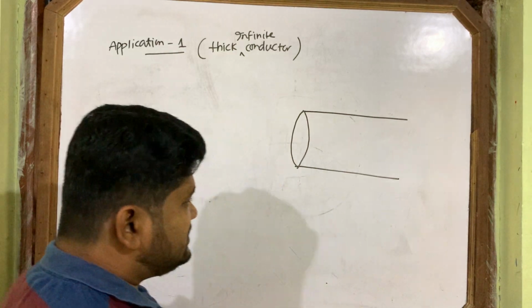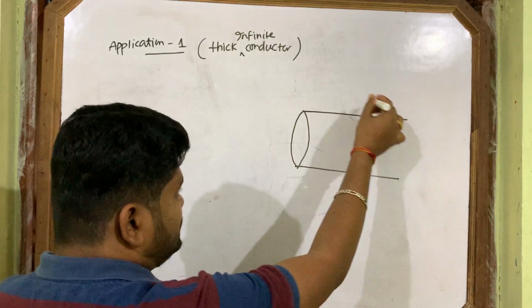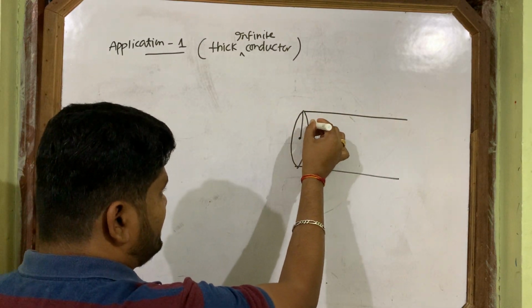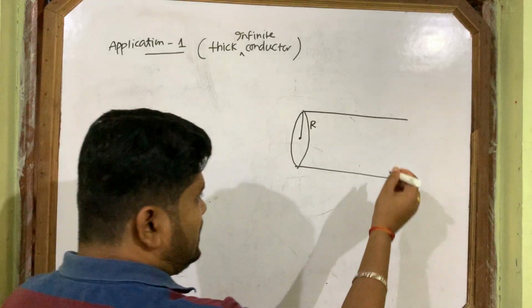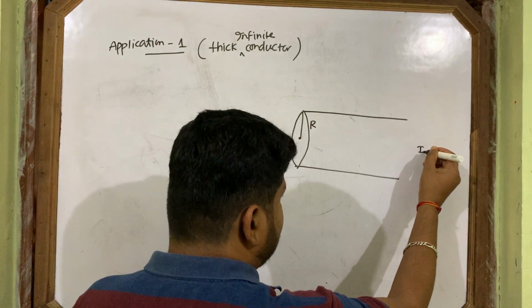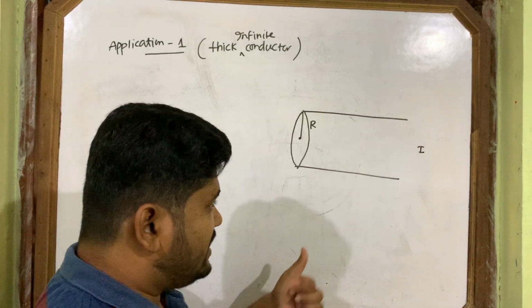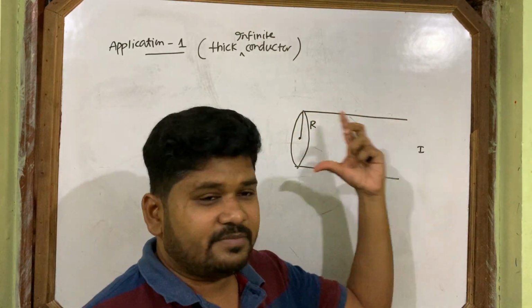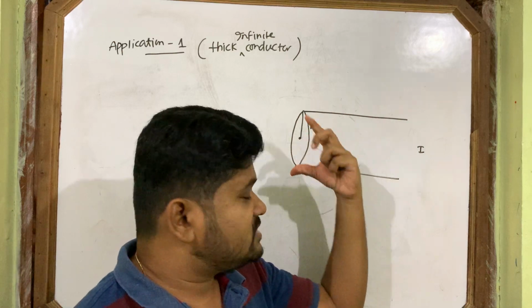Through this thick conductor, current passes throughout the cross section. Its radius is R, capital R is the radius, and the current I passes. I am not giving any arrow because current passes through the whole cross section of the conductor.